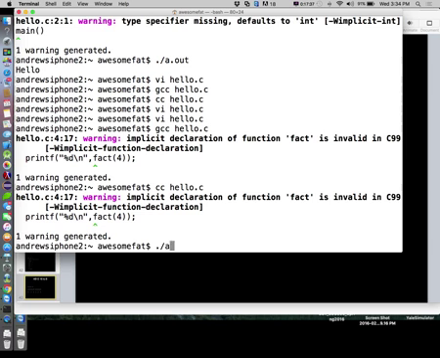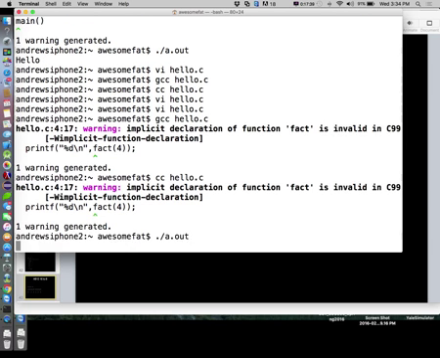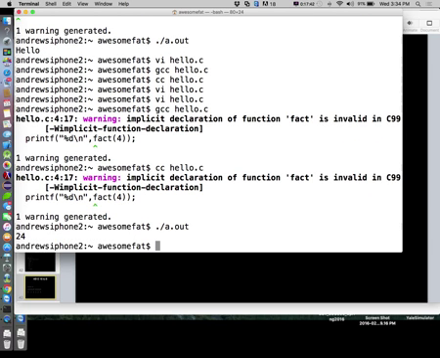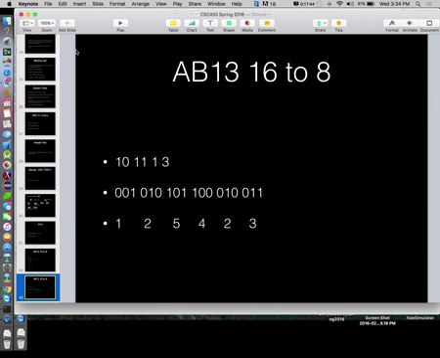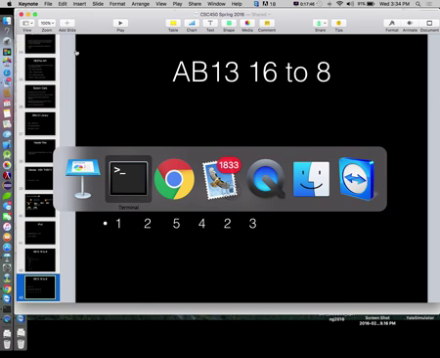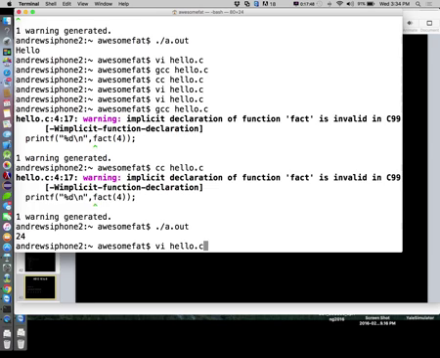That looks like it. Oh, there's your 24. All right. I'll throw that back up here for a second.